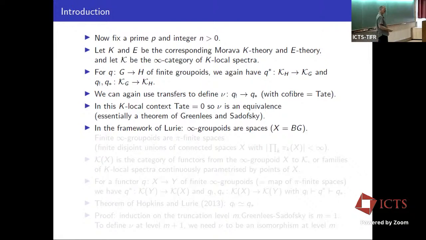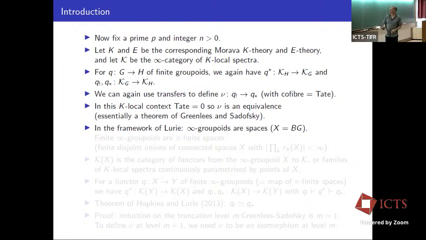It works out that the theory of infinity groupoids is just the same as the homotopy theory of spaces. This is a central reason why the framework of infinity categories is an excellent formal framework for doing homotopy theory and things related to homotopy.